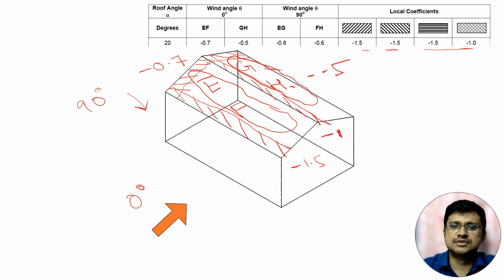Here also, the local coefficient is minus 1.5. Now this length is 4 meter. The inclined length is 4 meter. The projection is 3.75. Sorry, 4 meter. And this length is 3.75 meter, because its projection is also 3.75 meter here.